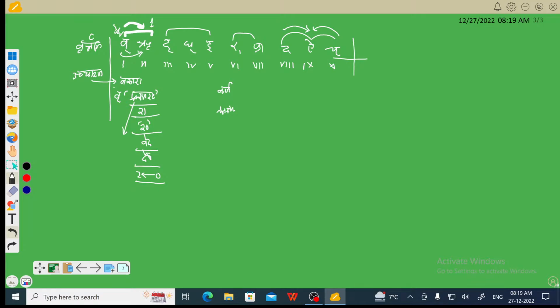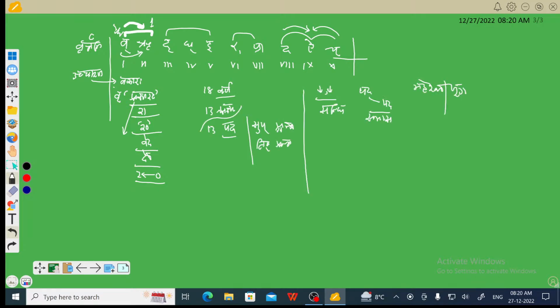And for Sutras, we will have Pratyaharas. So Sutra is 15. For Pratyahara, here is 15, but it is 14.